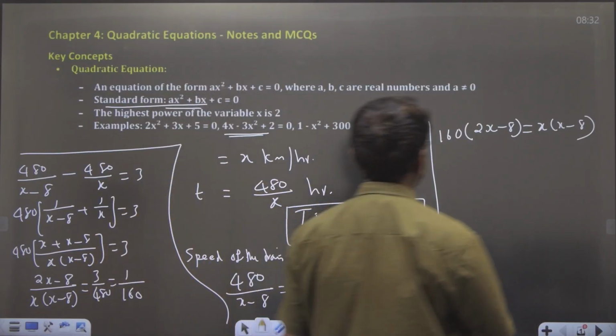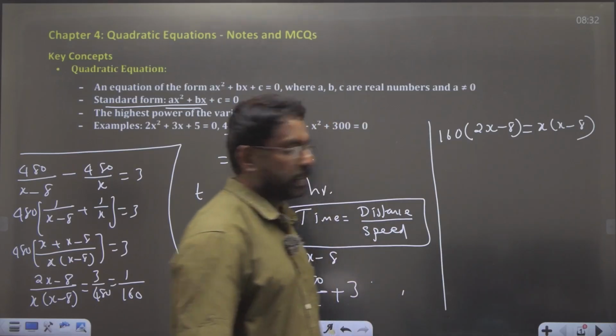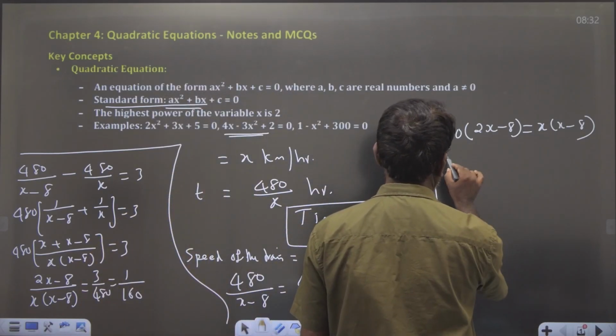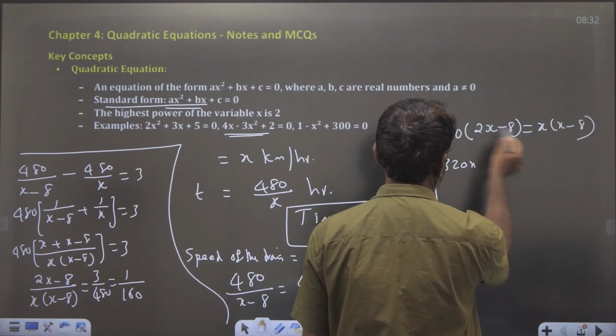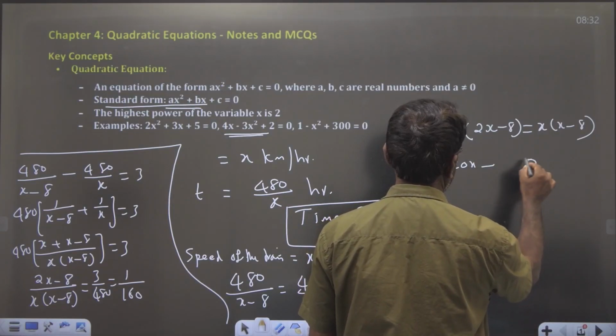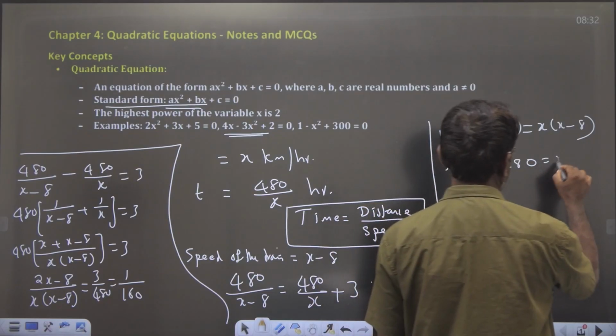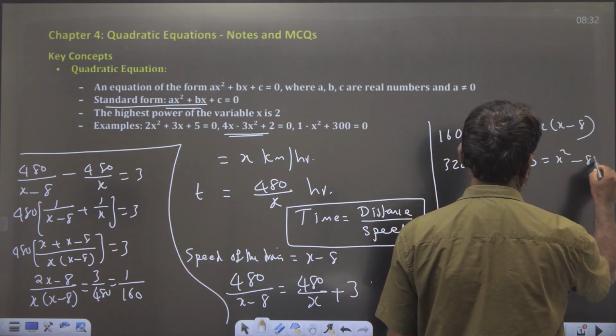That is, multiply this: 320x, then minus 1280 equal to x square minus 8x.